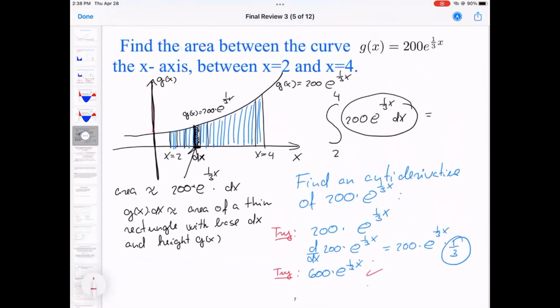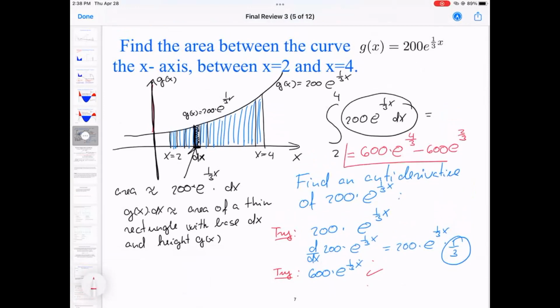So let's solve this integral now with our correct antiderivative. This equals 600 times e to the, substituting the upper limit, 4/3, minus 600 times e to the 2/3.